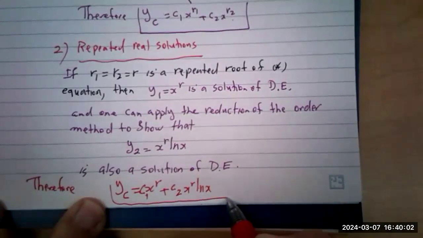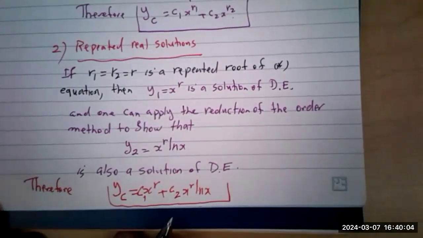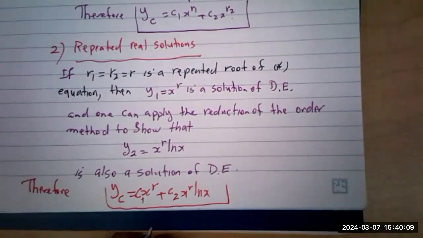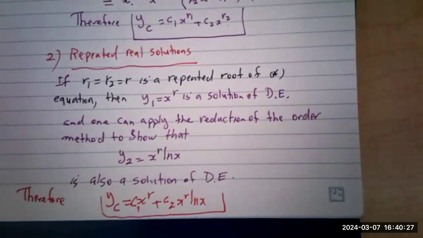This is going to be your general solution for the second case, because the solutions are x to the r and x to the r ln x. A linear combination of these two, C1 x to the r plus C2 x to the r ln x, is the result. Some people factor out the x to the r, but they don't have to. Just write it down as is. So that is the second case.